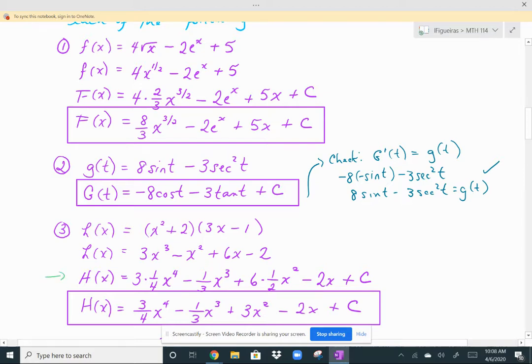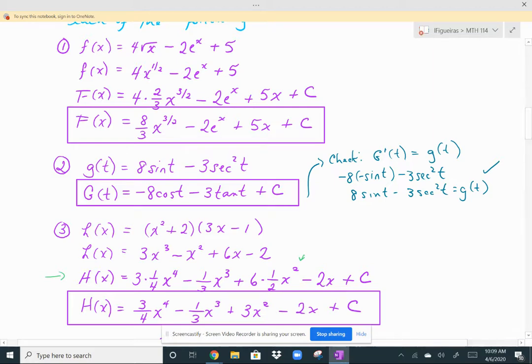So you add 1 to the exponent and multiply by the reciprocal. So that's why you see the 1/4 x to the 4th, but then don't forget, just multiply by 3. You do the same thing to x squared, add 1, gives you x cubed, multiply by the reciprocal, that gives you 1/3. Same thing with 6x, add 1 to the exponent of x, so that gives you x squared, multiply by the reciprocal, that's a half, and that whole thing gets multiplied by 6.